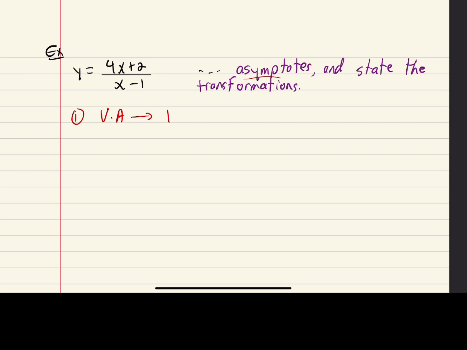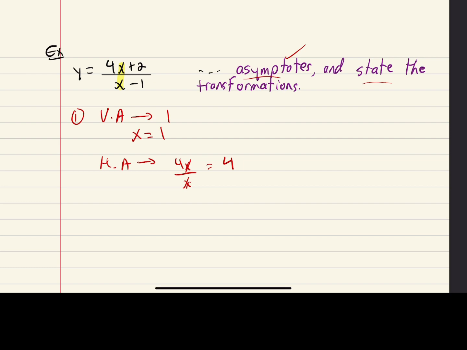Okay, so you got a vertical asymptote where the equation is x equals 1. And then for the horizontal asymptote, since the degree of the numerator is the same as the degree of the denominator, then we can just do the ratio between the leading terms. So 4x divided by x, and that just means it's going to be at 4. And for our asymptotes, that's good.